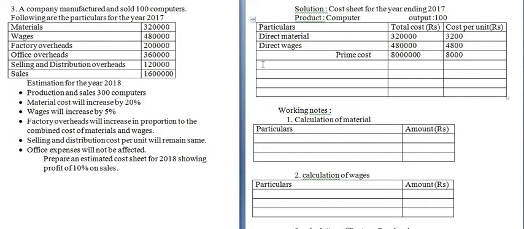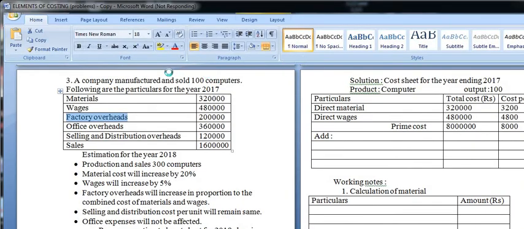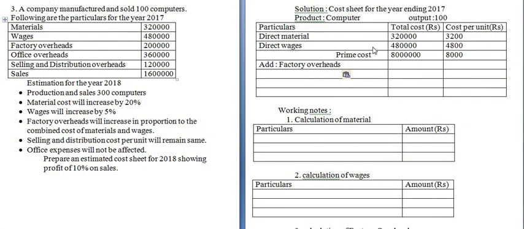Next is add factory overhead. Here they have given directly the amount, so that also you can write directly. Factory overheads, total amount is how much? 2 lakhs.